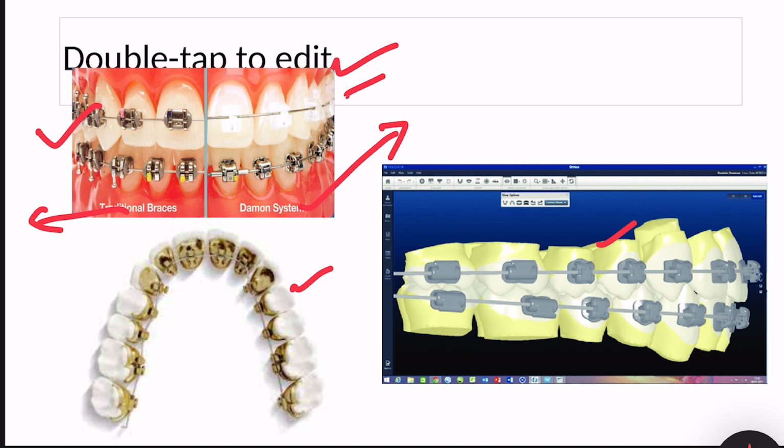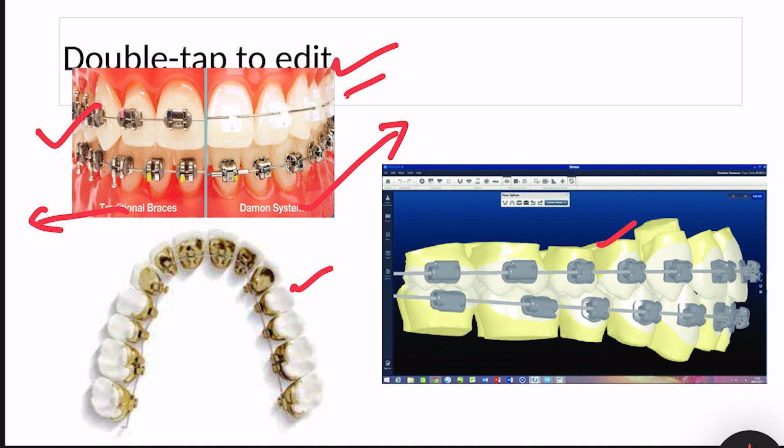In this MBT, brackets are already pre-programmed, but they are not customized for individual patients. Whereas Insignia and Incognito are manufactured with the help of CAD/CAM, computer aided designing and computer aided machining, for specific and individual patients. The tip and torque are incorporated based upon the individual patient's needs.